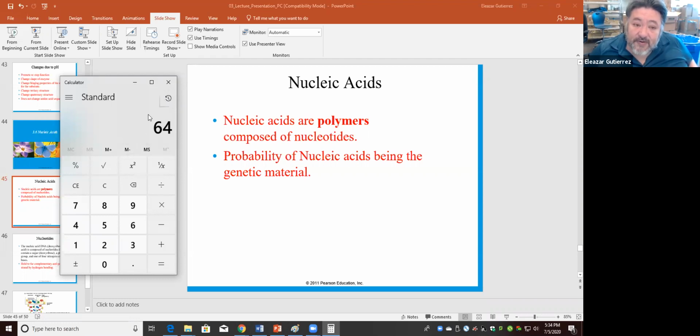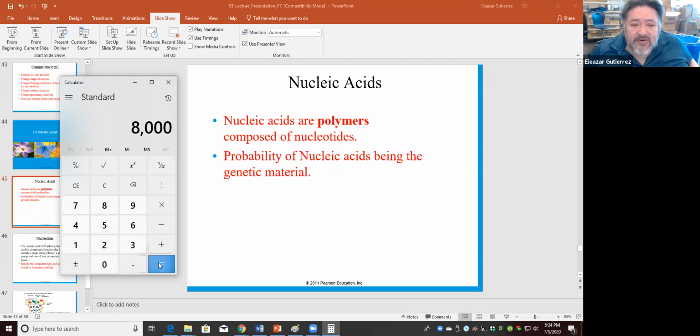We have 64. Now, what does the math look like if you use amino acids? Well, how many amino acids are there? Well, there's 20 in the first position, and we'd have to multiply that by 20 in the second position, and then we'd have to multiply that by 20 in the third position.